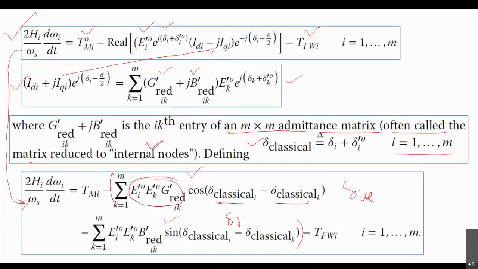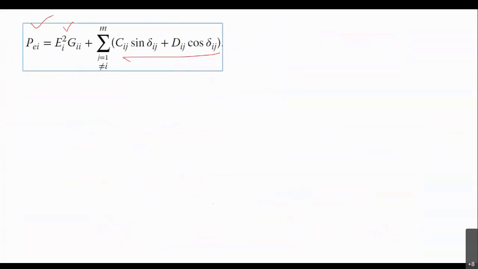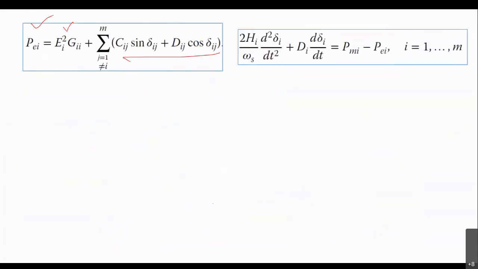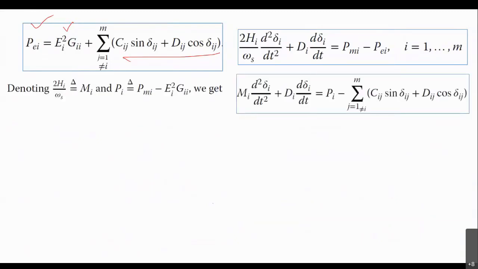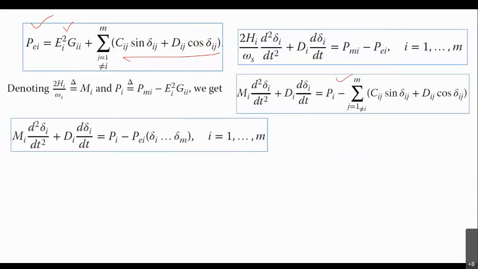This is Cij and this is Dij. So now the expression can be written. I hope everybody understood these expressions. So now we'll go ahead. So 2Hi, the same expression we discussed, denoting this, and then we got this expression, right?